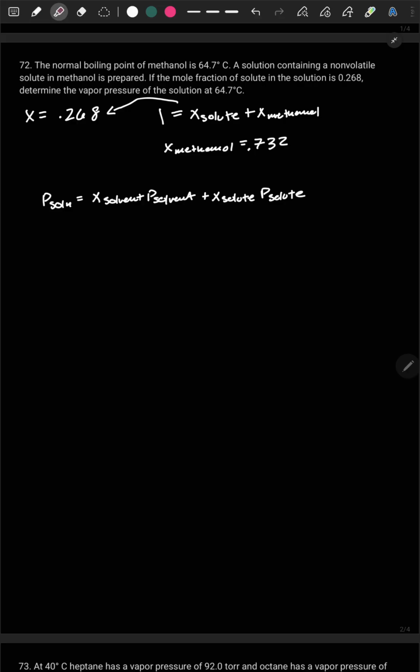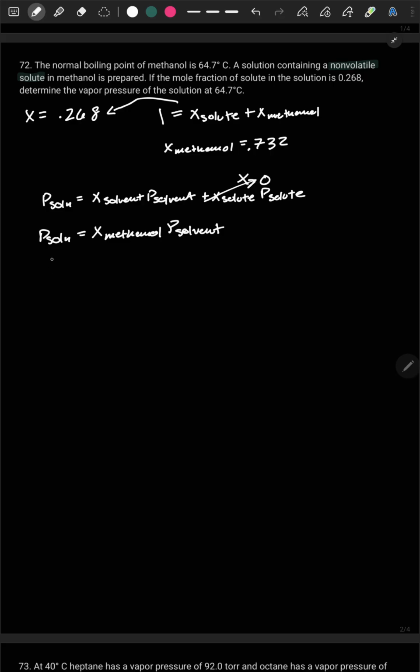We know that the solution is containing a non-volatile solute. That means that it won't contribute to the overall vapor pressure, so we don't even need to use this. This right here is essentially 0. So we can just use P solution equals the X of, in this case, methanol, times the P of the solvent.